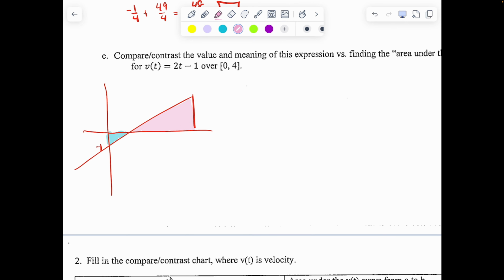If I'm talking about geometry, area wants to be absolute value, and we want to add together those two things. So if I'm talking about the total area under the curve, I would have to do the absolute value of 1/4 plus our 49/4.